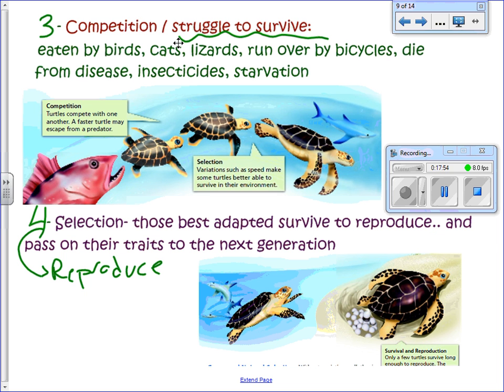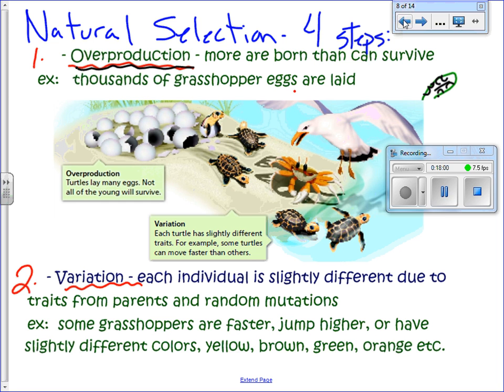So these turtles, I think most of us have seen pictures or videos of them. As soon as these eggs hatch, what is the first huge struggle to survive that these turtles have? To get to the water, right? So the turtle eggs, once they hatch, they have to make a run for the water. Why do they have to get to the water?